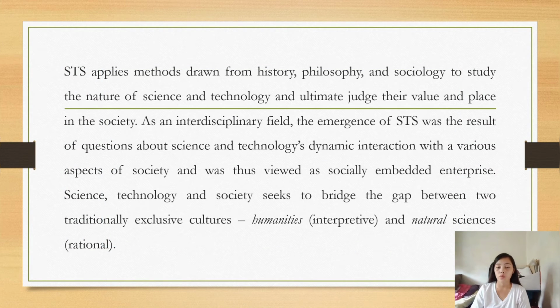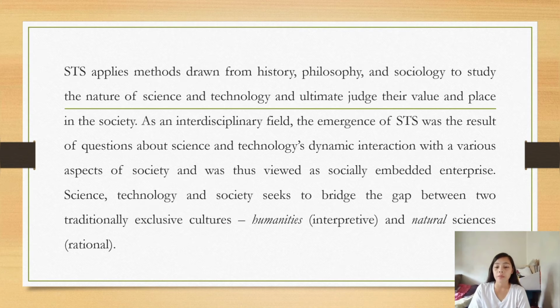First, what is science, technology, and society? STS applies methods drawn from history, philosophy, and sociology to study the nature of science and technology, and ultimately judge their value and place in the society.